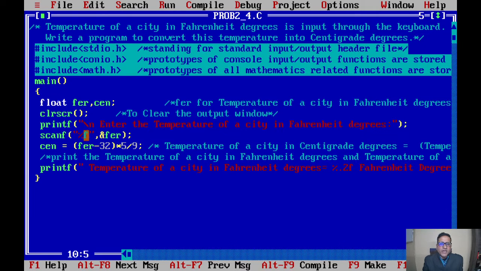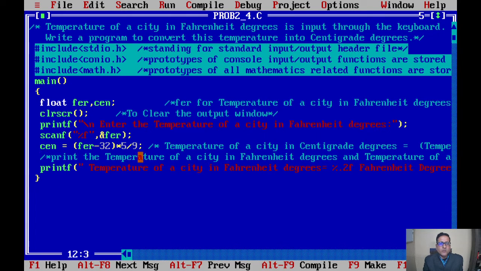Next statement is printf. Enter the temperature of a city in Fahrenheit degrees. And next statement is scanf. So whatever is entered, it will be stored at this address location.